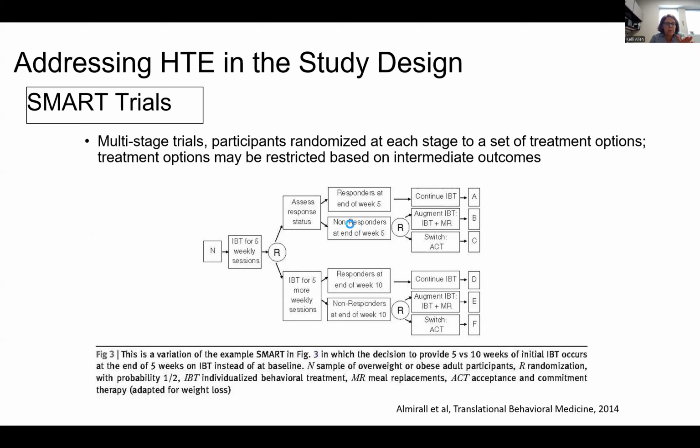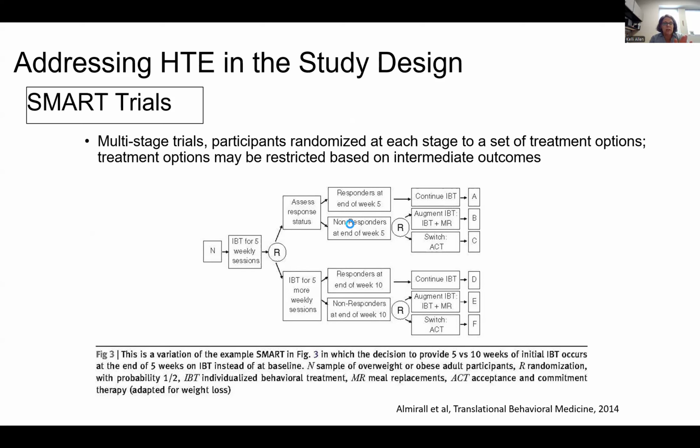So in this example, we have patients who are assigned to IBT, which is, oh gosh, what is that? It's like behavioral therapy. This is a weight loss trial. And then they are randomized for a certain period of time. They look to see if there are responders, and then responders are re-randomized to augment IBT or switch to ACT.